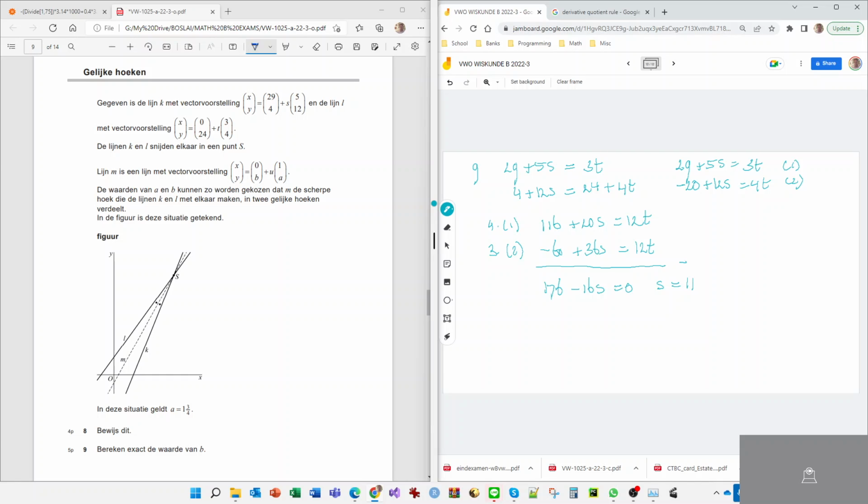So now we substitute s here, and get 3t equals 29 plus 55, is 84, which you can divide by 3, is 28.